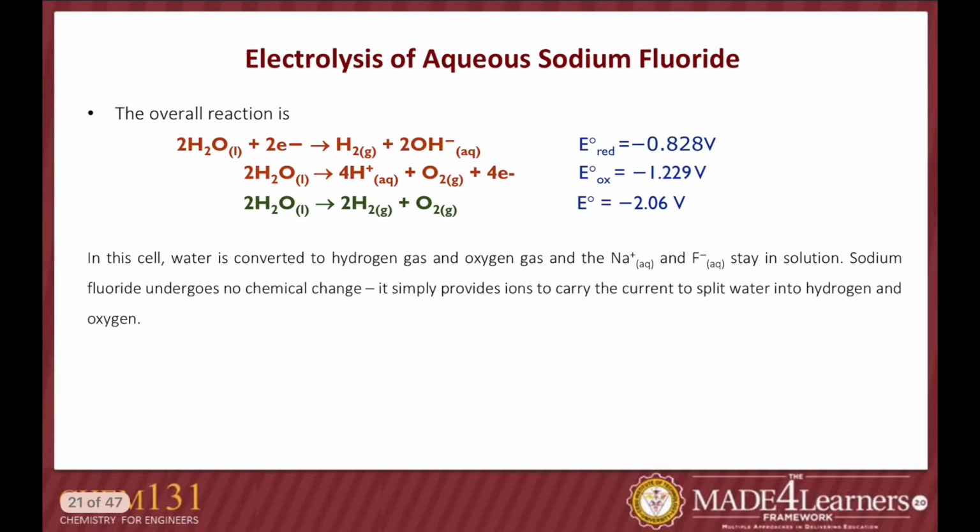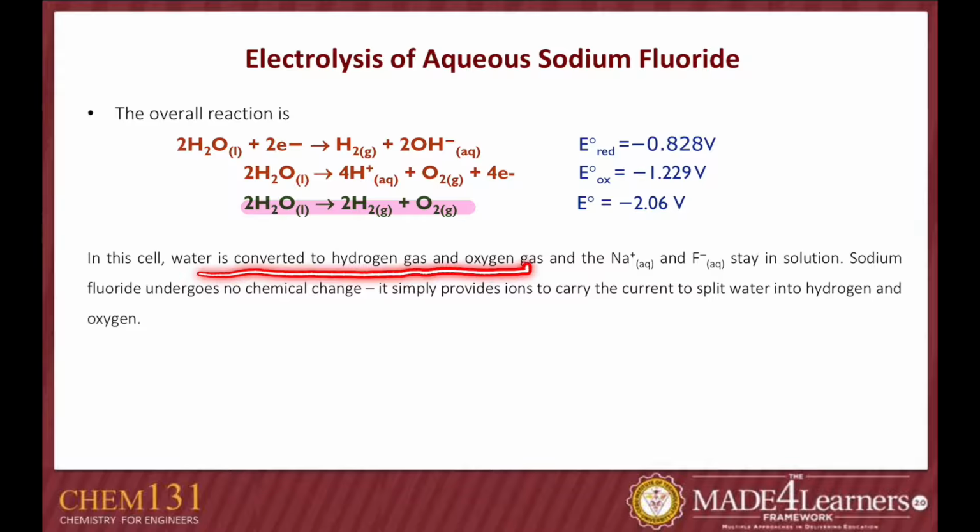So the overall reaction therefore is the electrolysis lang of water. And ang iyang total nga voltage nga needed para mo undergo electrolysis is 2.06 volts. So interpretation, 2.06 volts is needed para water will separate into its component nga elements, hydrogen and oxygen. In this cell, water is converted to hydrogen gas and oxygen gas.